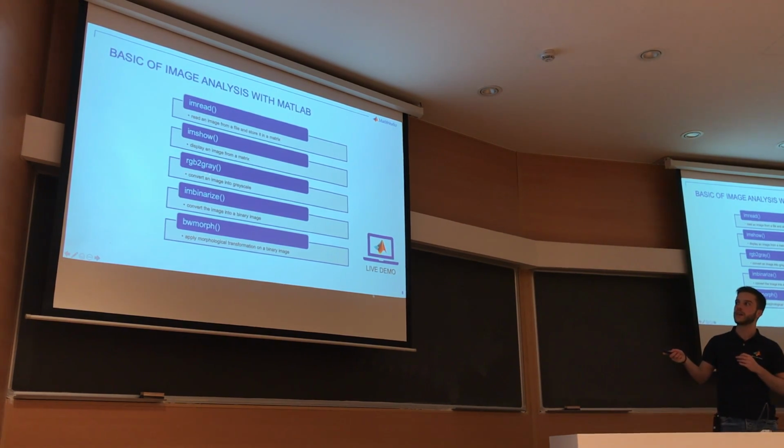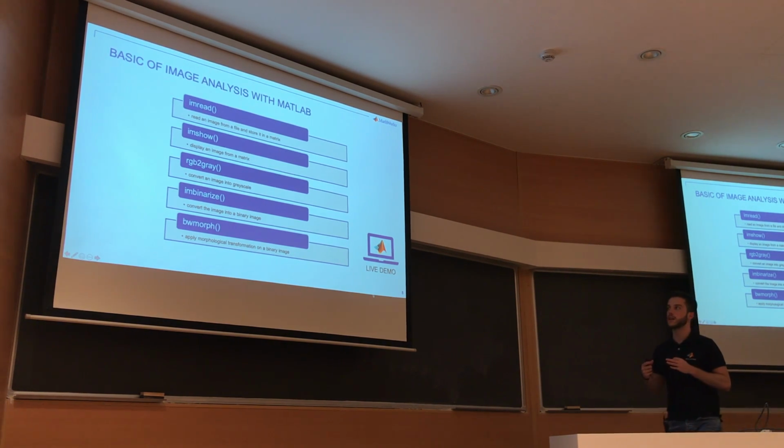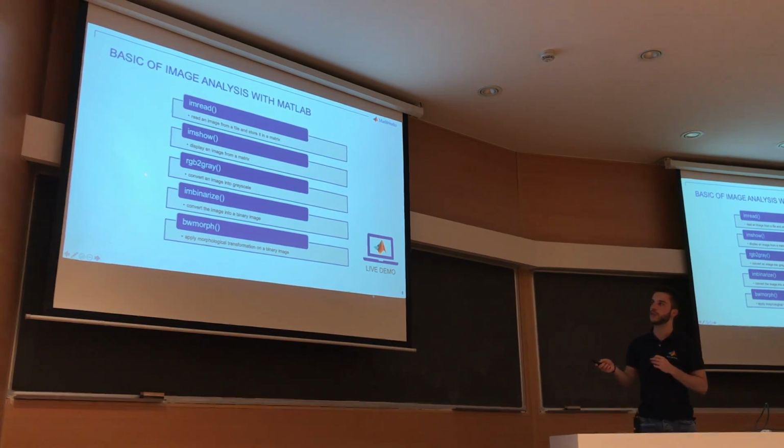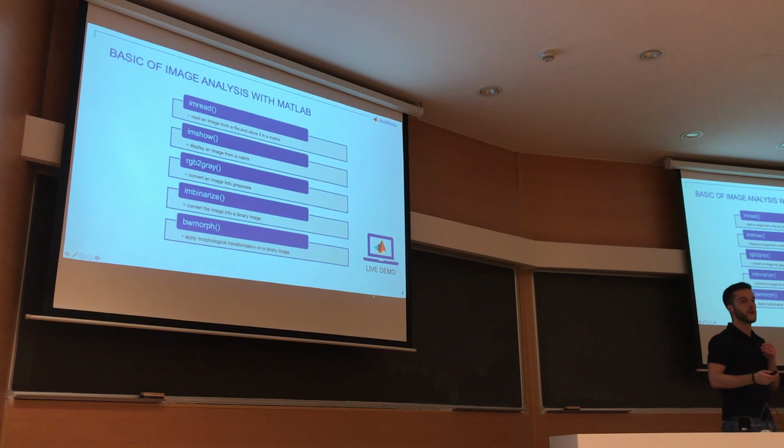But the final result is a 2D matrix with only the gray part of your image, okay? This step is fundamental because imbinarize is a function that gives you the possibility to transform your grayscale image into a binary image.